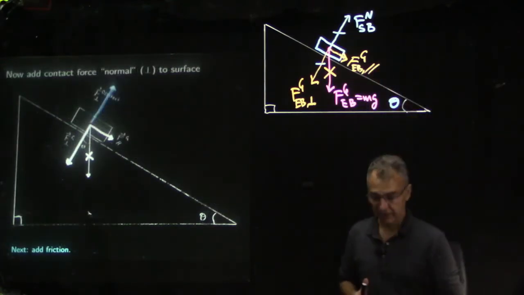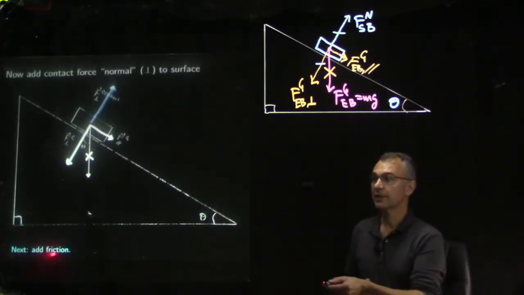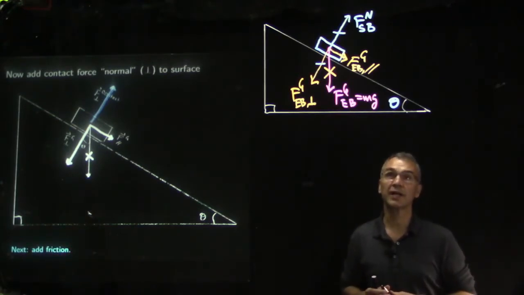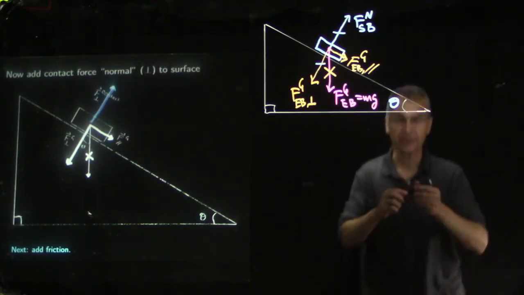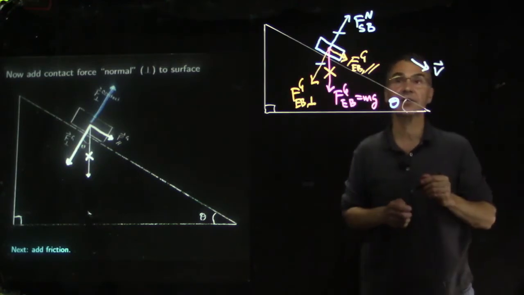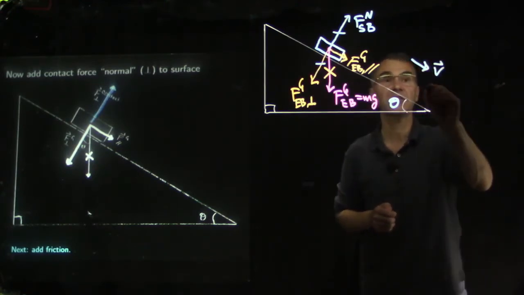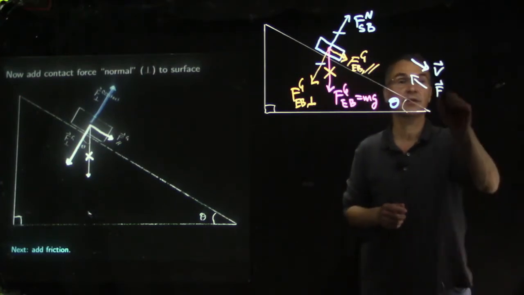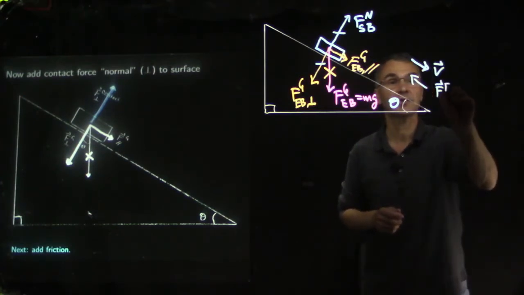So the next step is to add friction. Before we can add friction, we need to know what kind of friction it is, and we need to know what kind of motion it is opposing. We were told at the beginning that we're sliding down an inclined plane. So we know that the velocity points downhill. If the velocity points downhill, then friction must point uphill.